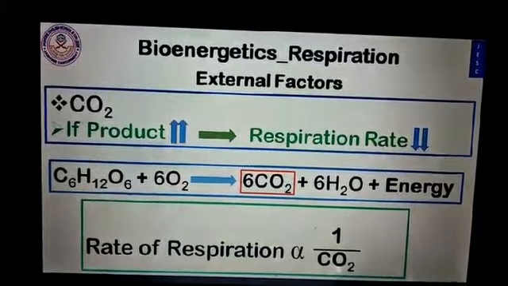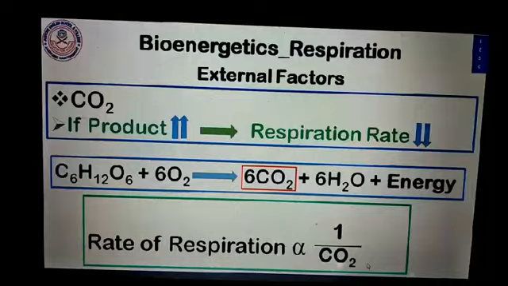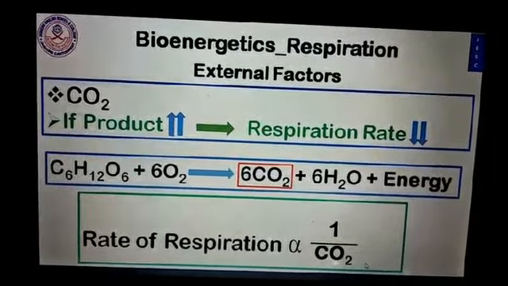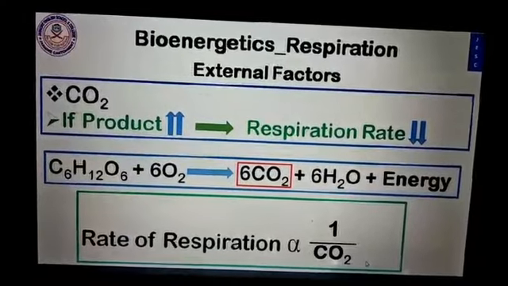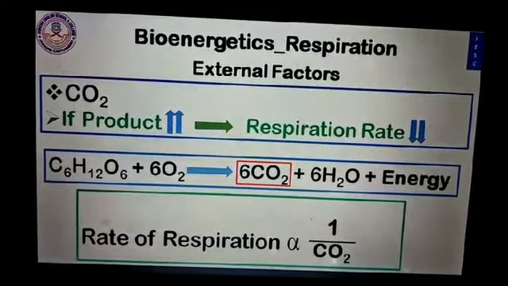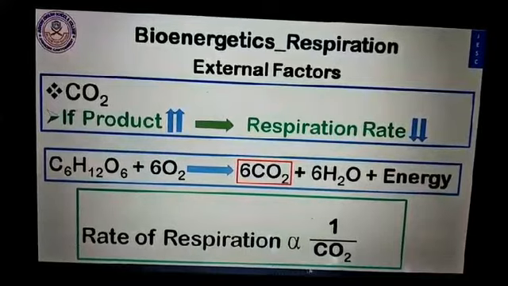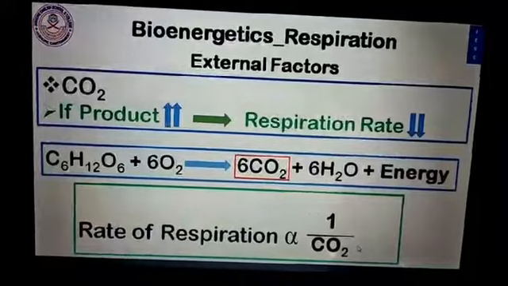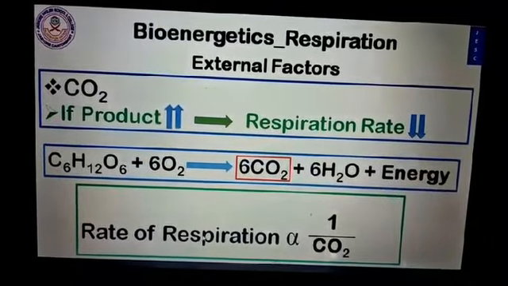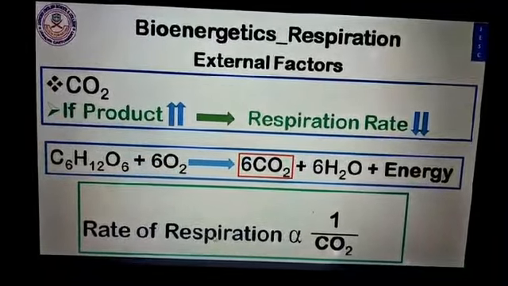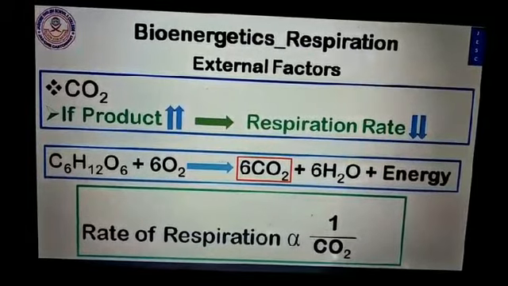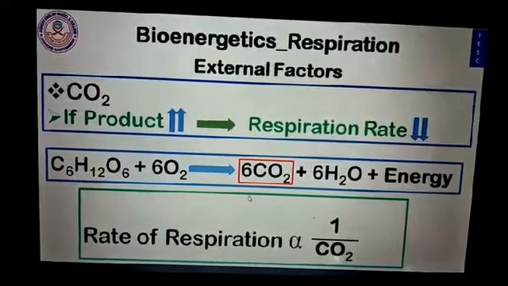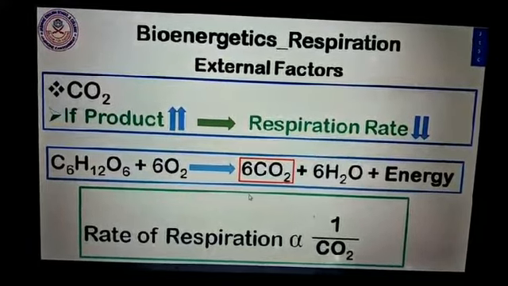That means if the level or amount of carbon dioxide increases, then the rate of respiration will decrease, and if the amount of carbon dioxide reduces, then the rate of respiration will increase. So just opposite, vice versa, right? So this is the thing about carbon dioxide.